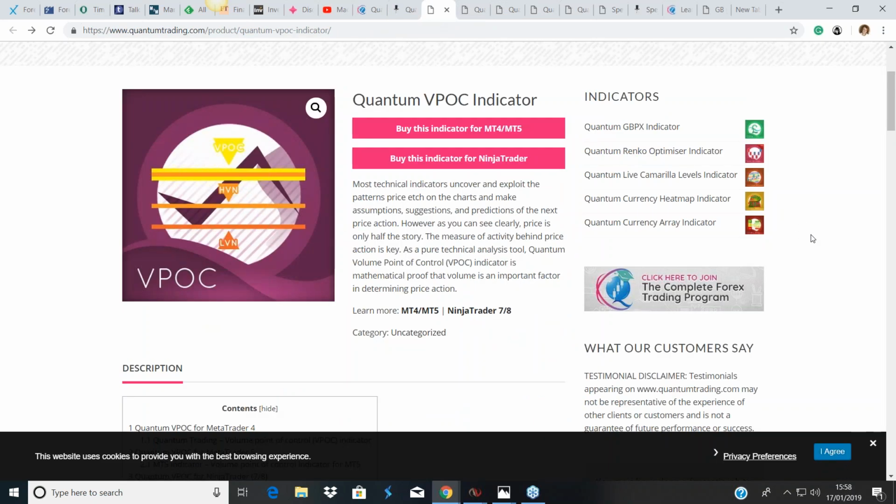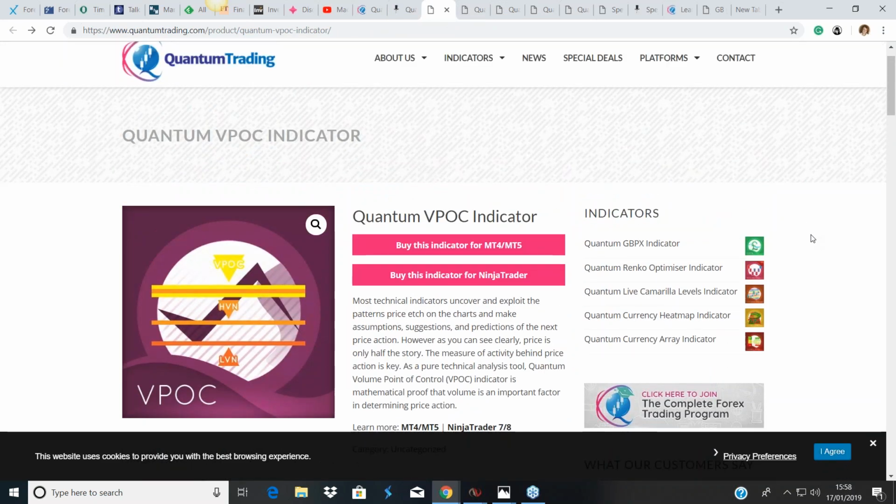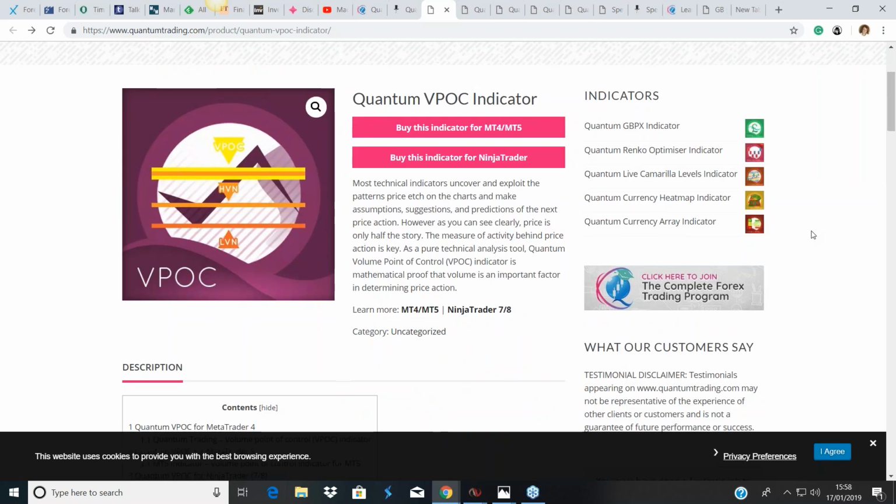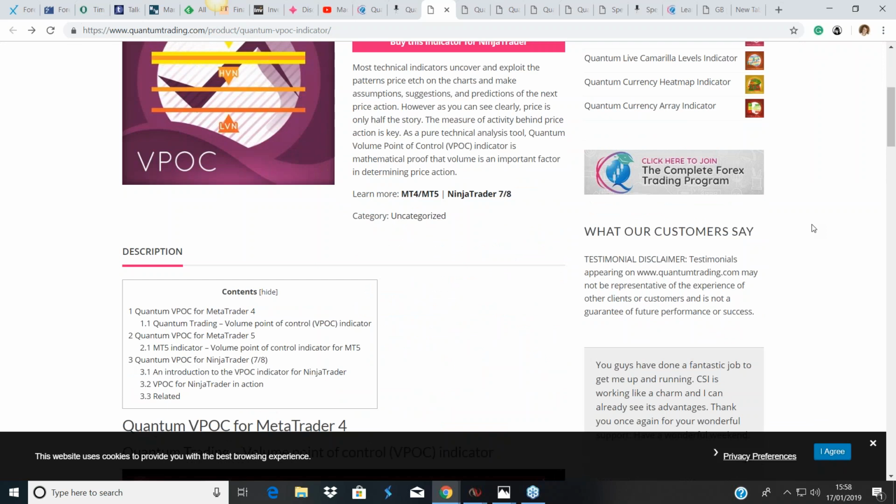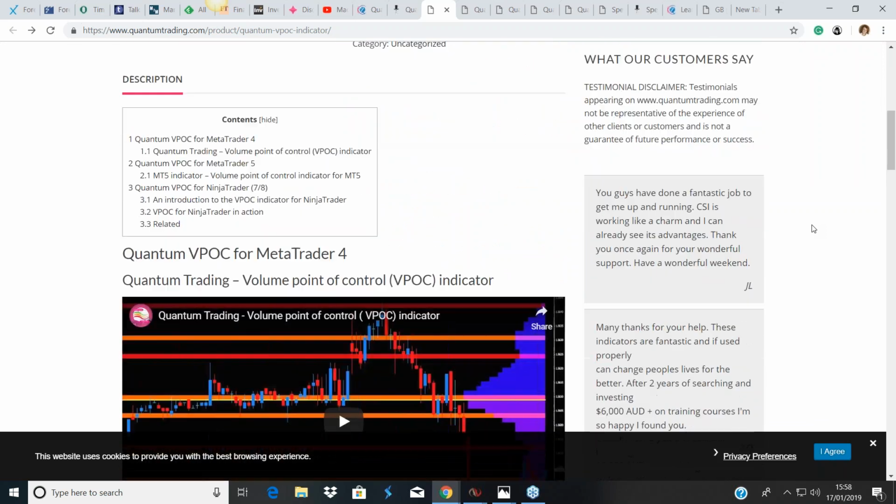The VPOC, what Lisa is referring to, is the volume point of control, and David will explain the histogram that is produced by the indicator on the chart.